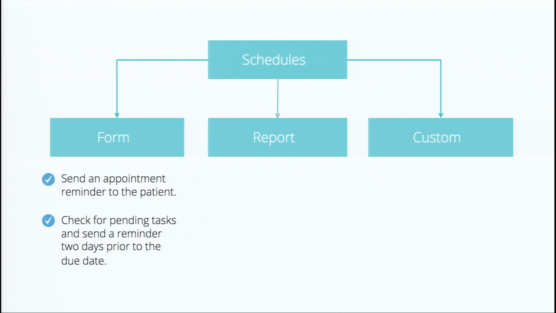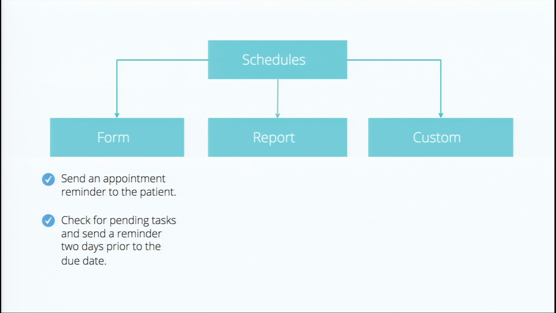So let's take, for example, I'm a doctor and I have a patient management system or a clinic management system where the patients are going to book an appointment. So what I can do is I can run a schedule to send a reminder automatically to all my patients just 2 hours before their appointment time.